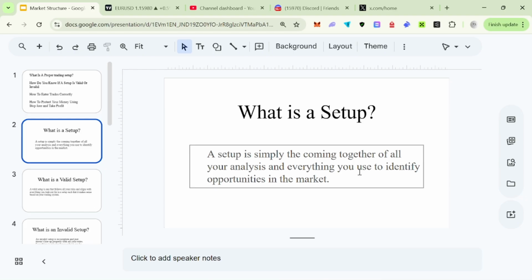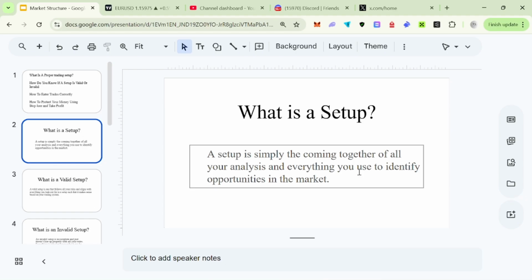It's a set of conditions that tells you a move is likely about to happen and you can take advantage of it. So when you've identified the structure and the trend, you've marked out your support and resistance and every other form of analysis that fits your trading system, and you are now waiting to execute based on your signal, that right there is a setup.